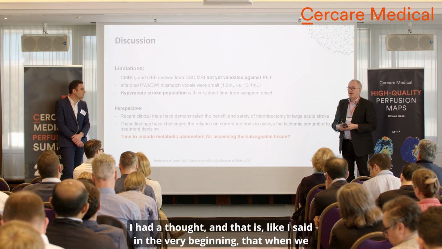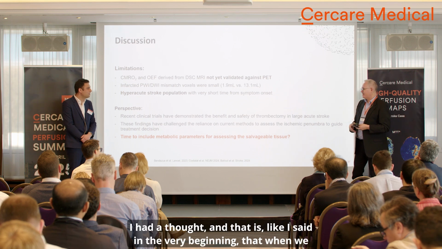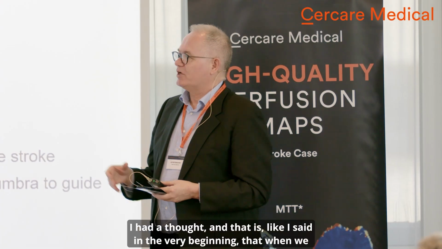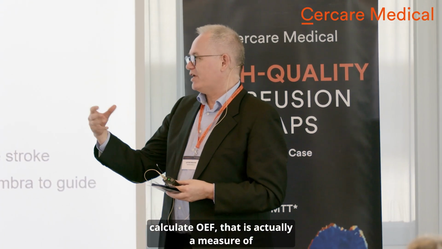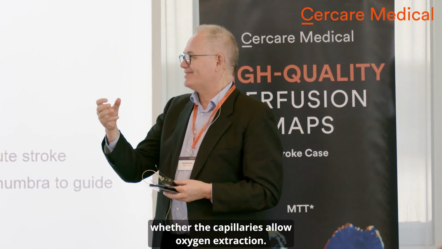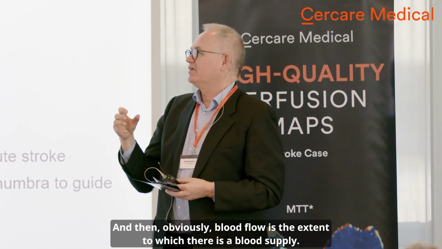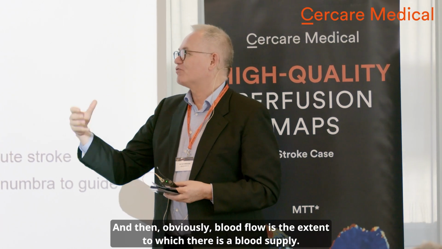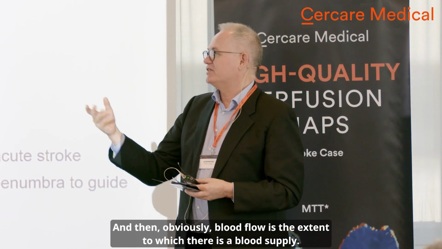I had a thought, and that is, like I said in the very beginning, that when we calculate OEF, that is actually a measure of whether the capillaries allow oxygen extraction, and then obviously blood flow is the extent to which there is a blood supply.